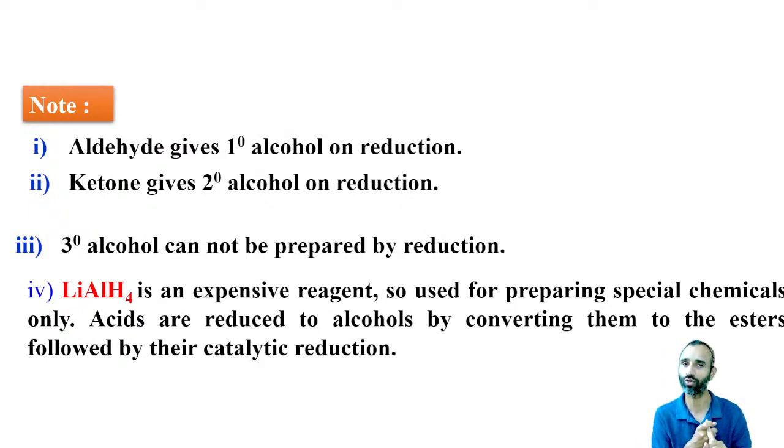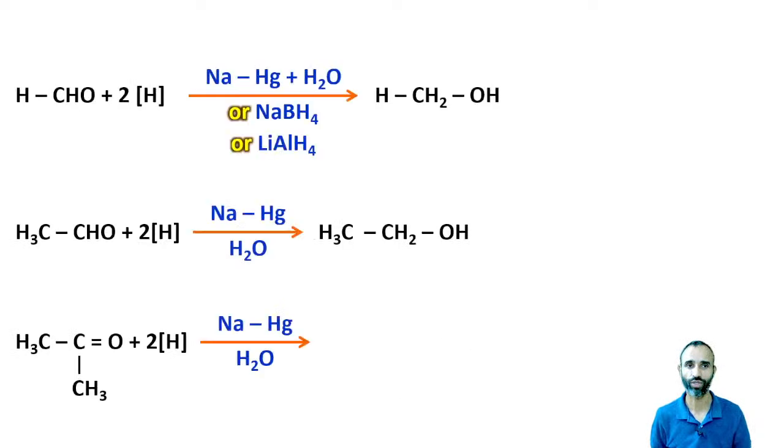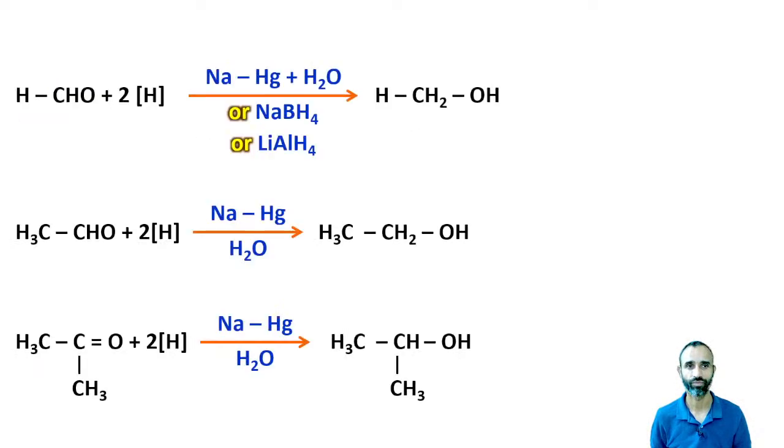Aldehyde has 1 alkyl group attached to CO, so it will always give primary alcohol. Whatever aldehyde we have, we always get primary alcohol. Ketone always gives secondary alcohol. So there is no question of formation of tertiary alcohol by this method.